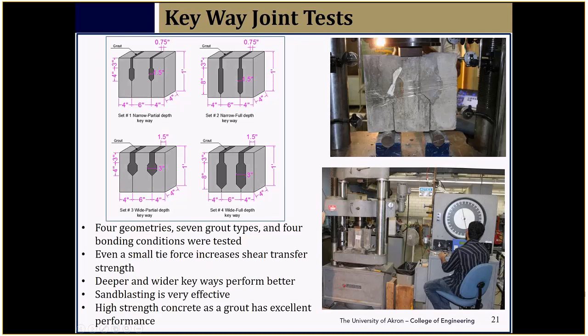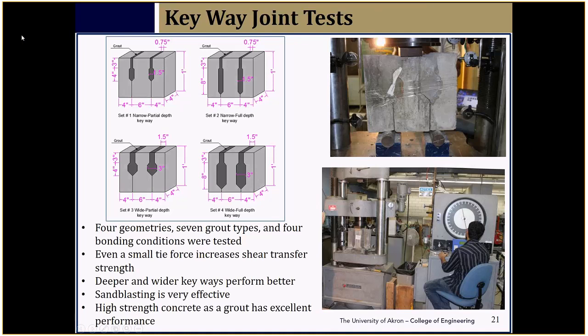Full depth. Okay, so like I said, these joint tests were kind of screening tests, so we were able to down select our variables to give us more meaningful results.